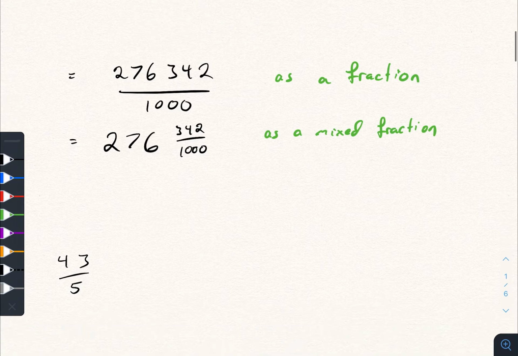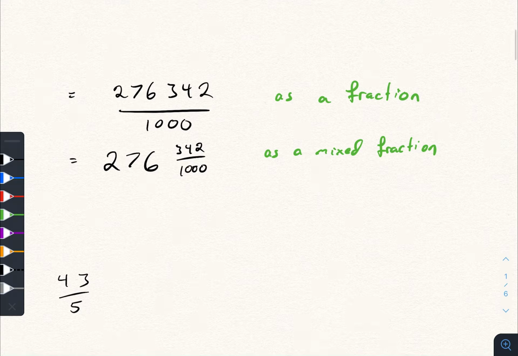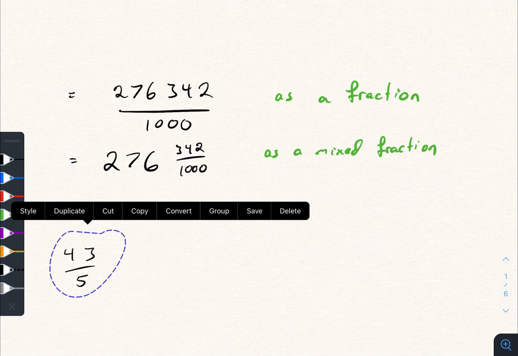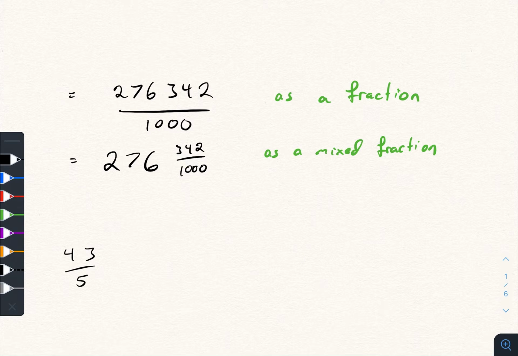Okay, so how could you go about representing certain numbers as a decimal? Here's 43 fifths. So this is a fraction. How can we represent this number, 43 fifths, as a decimal? The way to do it is to represent this number as a fraction out of some power of 10 and go from there.